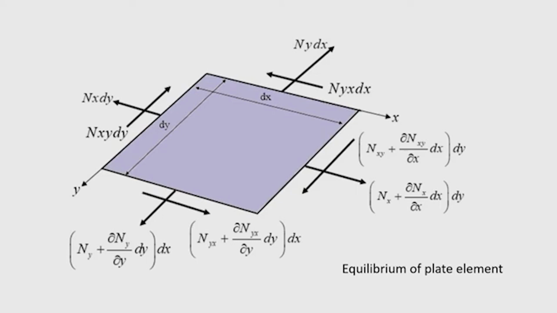Okay. So, if I consider the equilibrium of the forces along the x direction, I can establish an equation of equilibrium. Then if I resolve the forces along the y direction, then also I will get another equation of equilibrium.